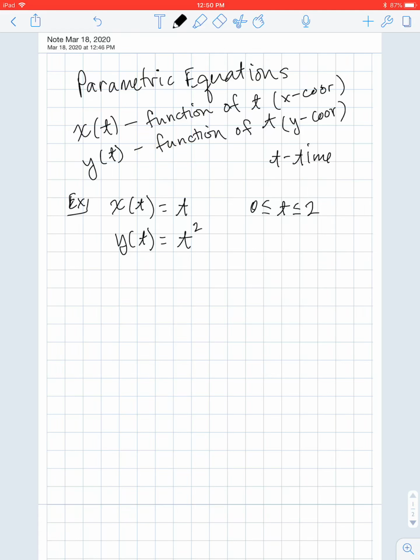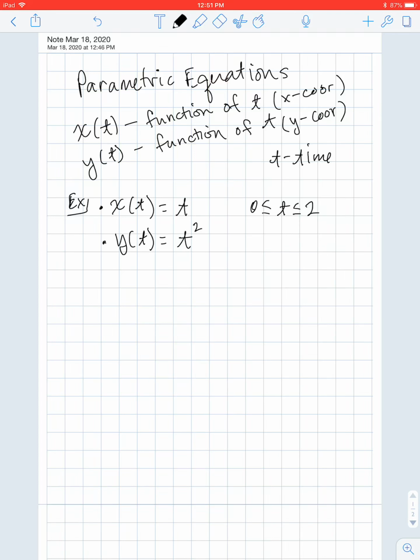So just a quick example, if you have x of t to be t and y of t to be t squared, and we are just worried about the interval 0 to 2 as far as time goes.